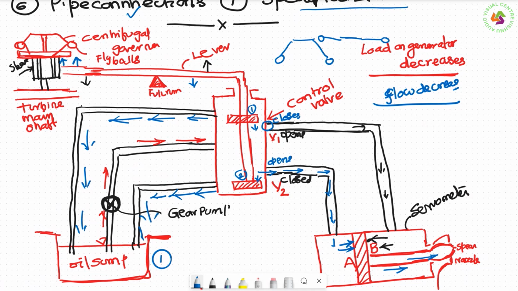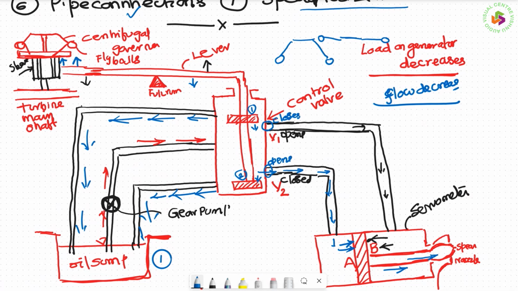The next thing: here there are two valves, V1 and V2, and again two pipelines. One pipeline is connected to the left side of the piston in the servo motor. The other pipeline is connected to the right side of the piston in the servo motor.